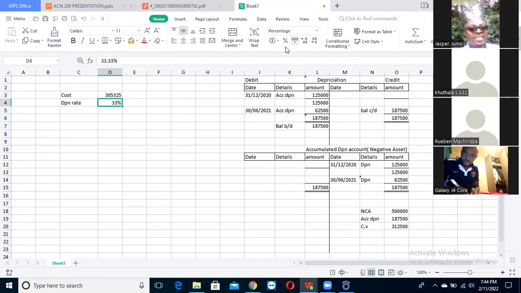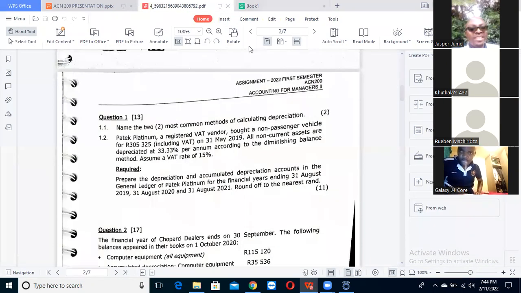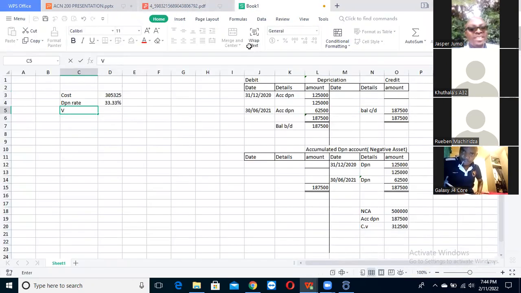We don't want to round off here. There we go. The depreciation rate is 33.33%. What else do we need? The VAT rate. VAT rate is 15%.